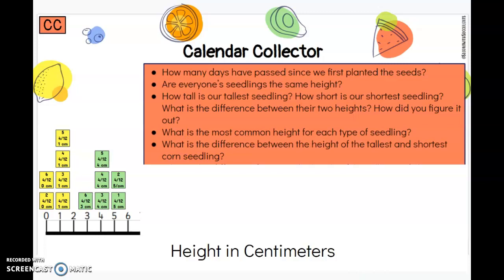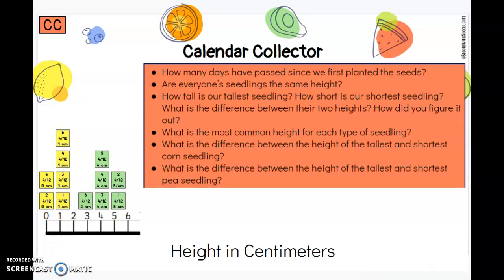What is the difference between the height of the tallest and the shortest corn seedling? Show a connection if you're thinking 1 centimeter. Yeah, there are only 2 heights for our corn, 0 centimeters or 1 centimeter. The difference is 1 centimeter. How about the difference in height of the tallest and shortest pea seedlings?